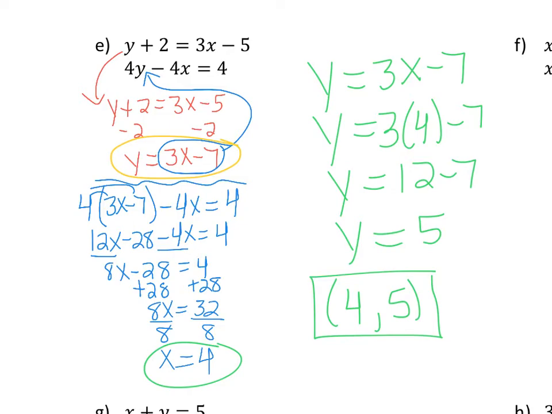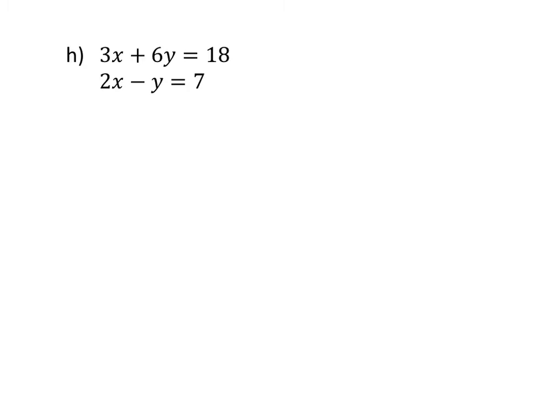Let's jump to h. Okay, letter h. Now, I'm going to choose the second equation, and I'm going to get y by itself. So I'm going to first start by subtracting 2x. And I get negative y equals negative 2x plus 7.